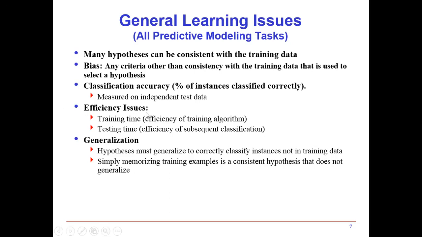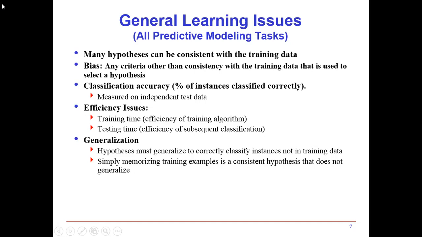Then we have the efficiency issues also, like training time and testing time, which have to be taken into account. The training time is the efficiency of the training algorithm, and the testing time is the efficiency of subsequent classification. So we have to take care of these two issues also.